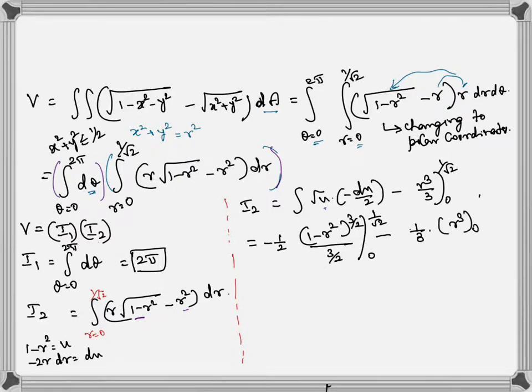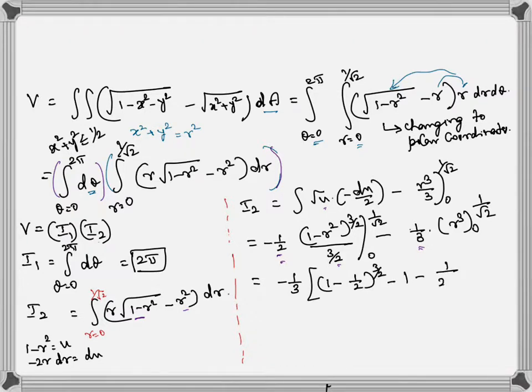As everything is in terms of r square, we can write them as one term. Note that this is 2 and this is 3 over 2 below, so the 2 and 2 get cancelled out and you get negative 1/3. Negative 1/3 here and negative 1/3 over here too can be factored out, so negative 1/3 times 1 minus 1/2, the whole power 3 by 2.